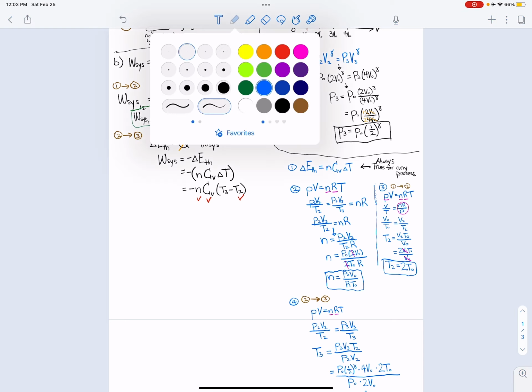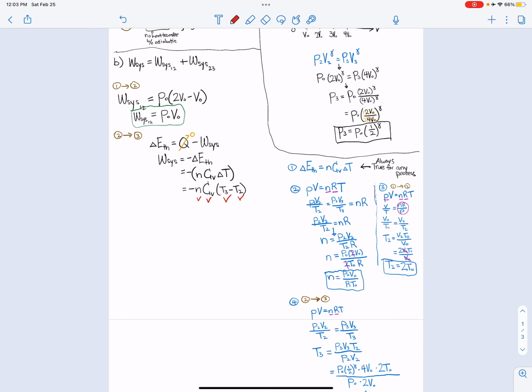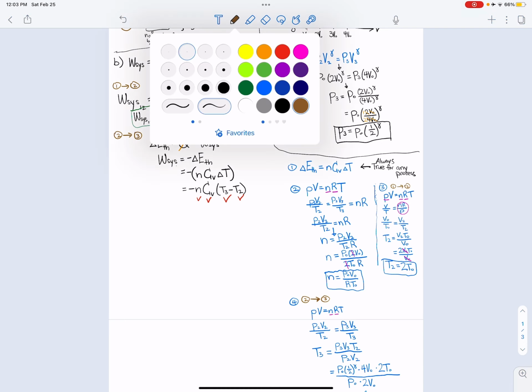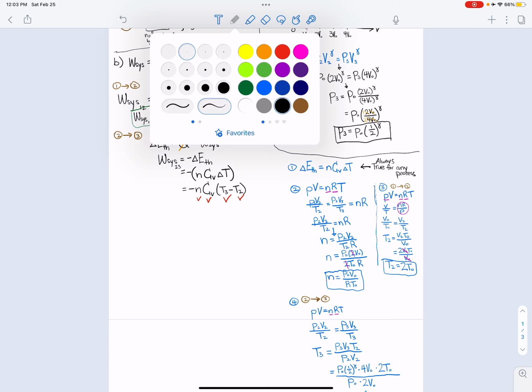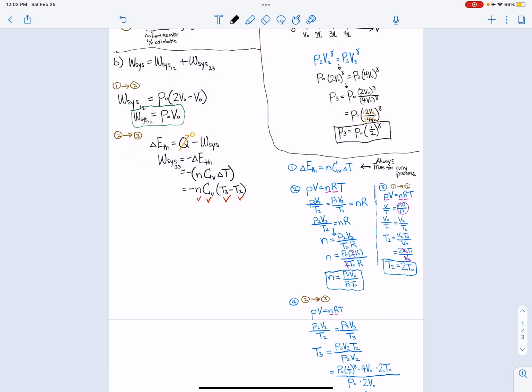So now we can solve for the work of the system from state 2 to state 3. So this is equal to, I'm just going to bring this down here for more space. N is P naught V naught over R T naught. Right, that's N. Oh, don't forget the negative, so minus.